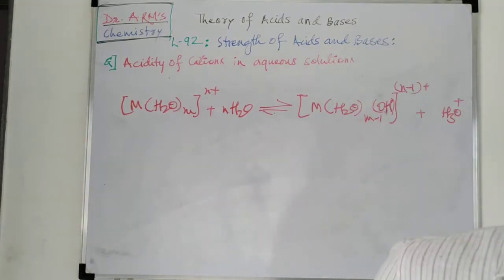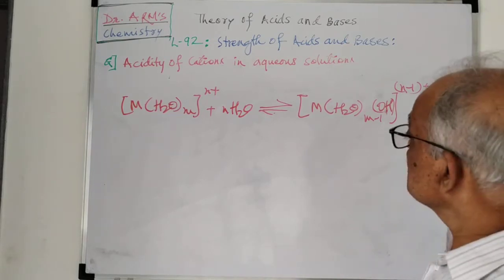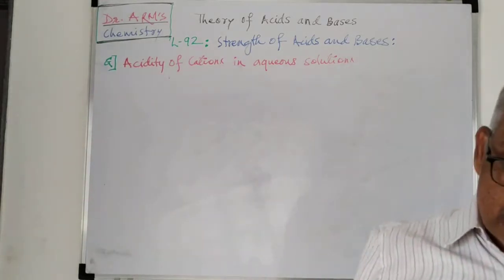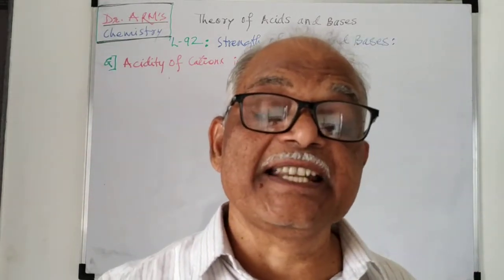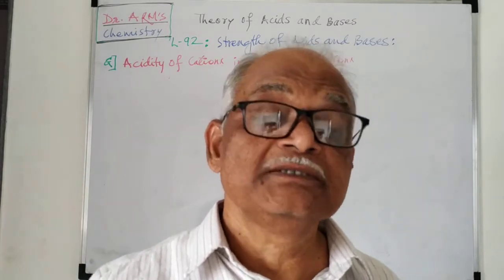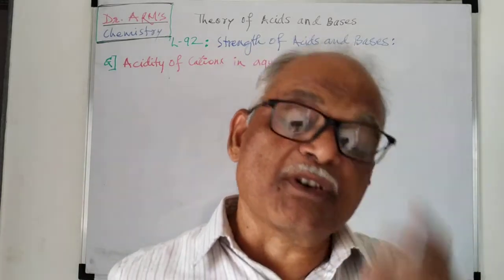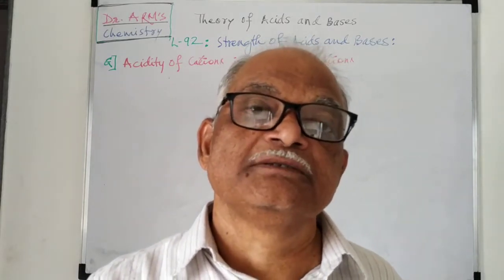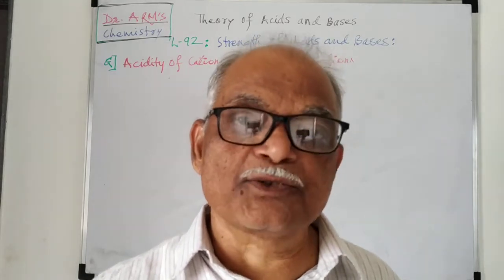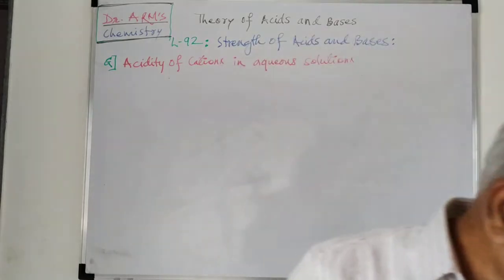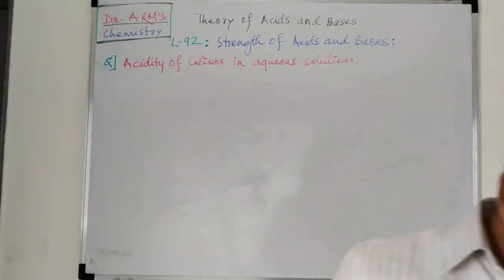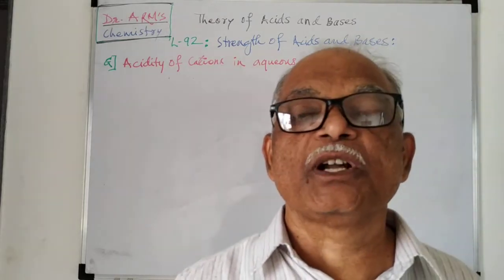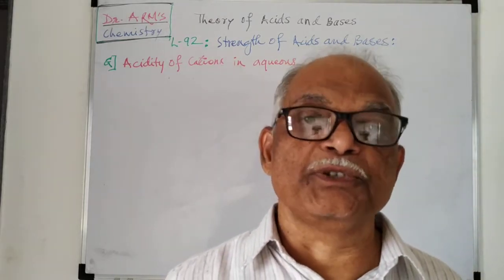Then these metal hydroxides are also studied or considered for their acidic behavior or acidity in terms of the solubility of hydroxides. The stronger the metal cation acid, the less soluble its hydroxide is. For example, Fe3 plus is a yellow or brown-yellow colored solution.